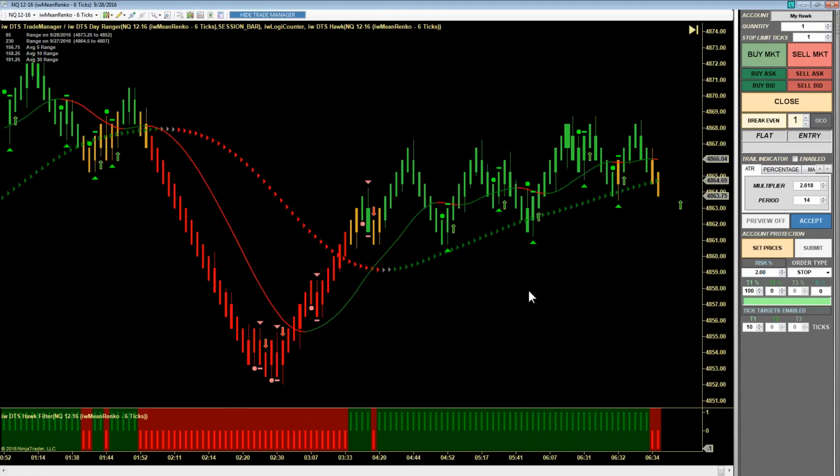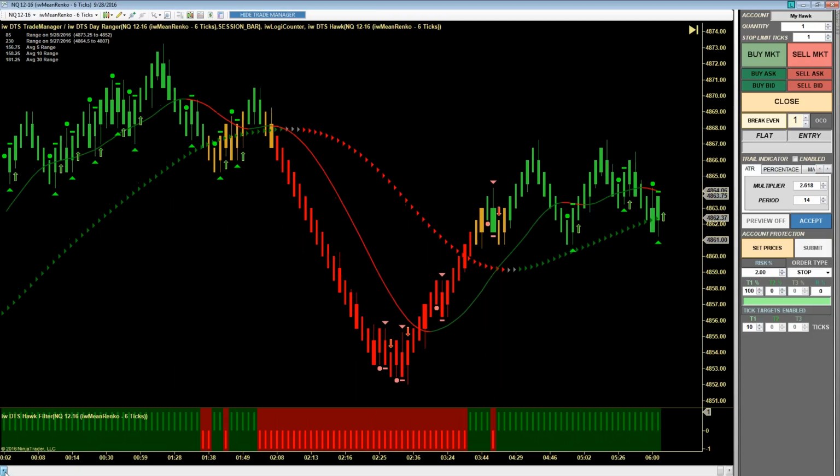Now, here's something a lot of people don't pay much attention to when it comes to risking money on a trade: the probabilities. So what do you think the probabilities are that this trade will work out versus the probabilities that this trade will work out?